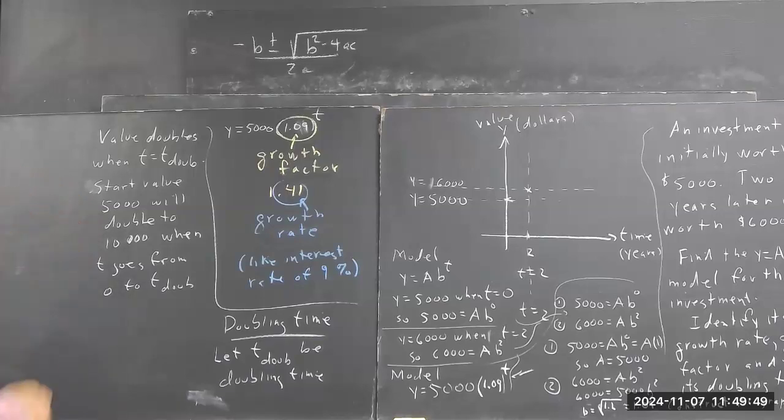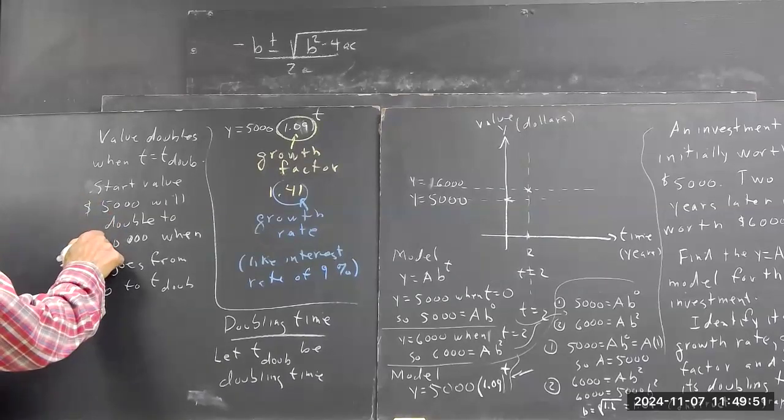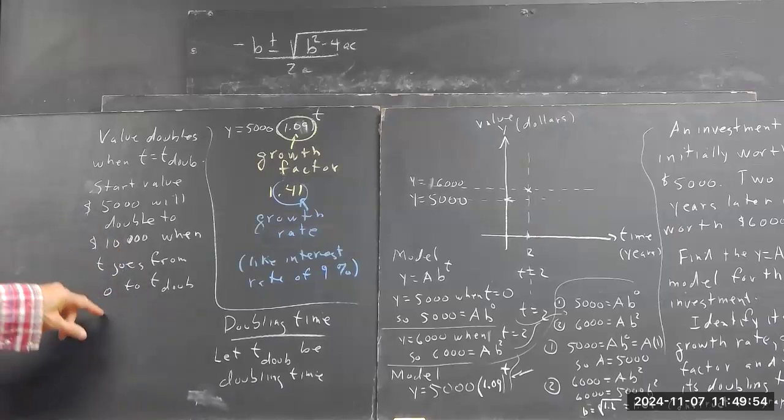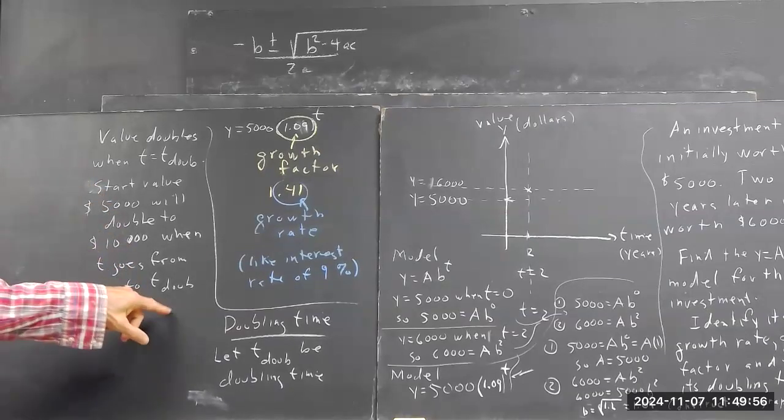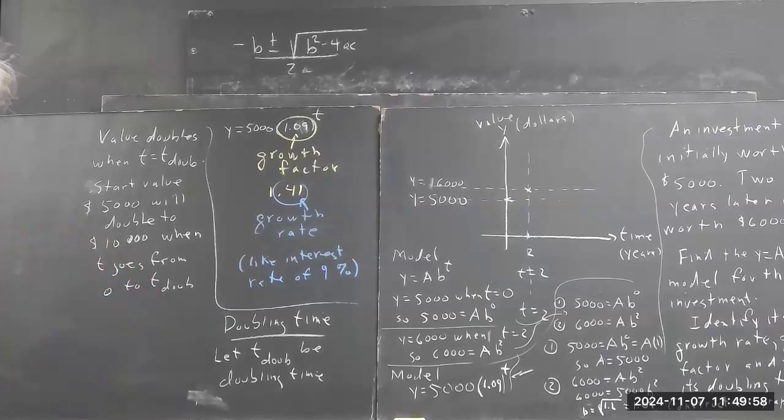The $5,000 value will double to $10,000 when T goes from 0, where it's $5,000, to T double, where it's doubled.